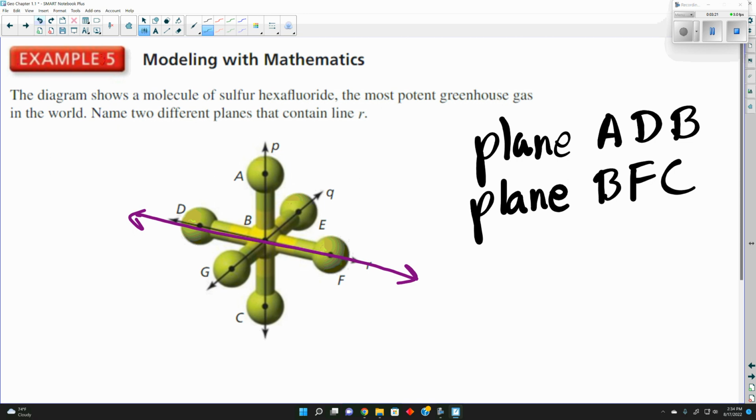Well, we can use any other of the points to make a plane besides the lowercase. So we could say DBE. So that's the flat plane. Or BFG would work. Anything that contained that line. Does that make sense?